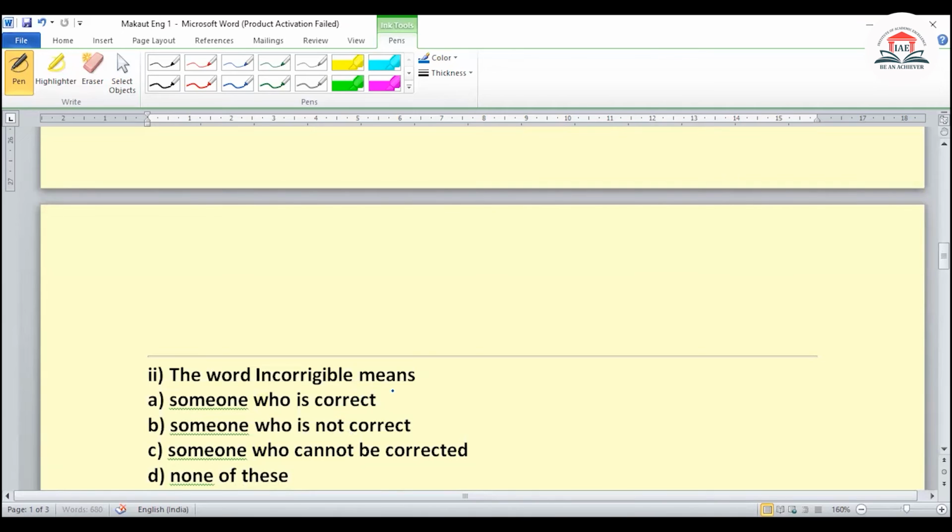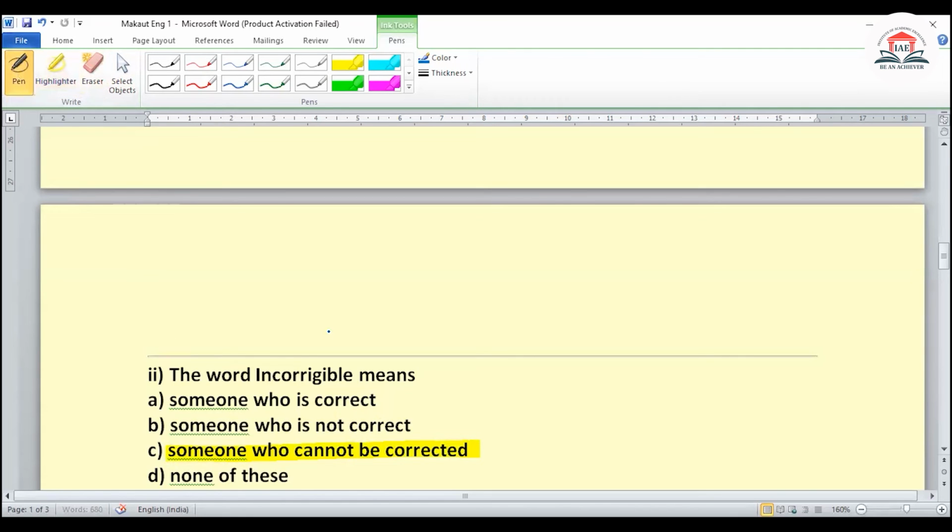The word incorrigible means what? Incorrigible. Someone who cannot be corrected. Yes, very good. Someone who cannot be corrected. That is incorrigible.